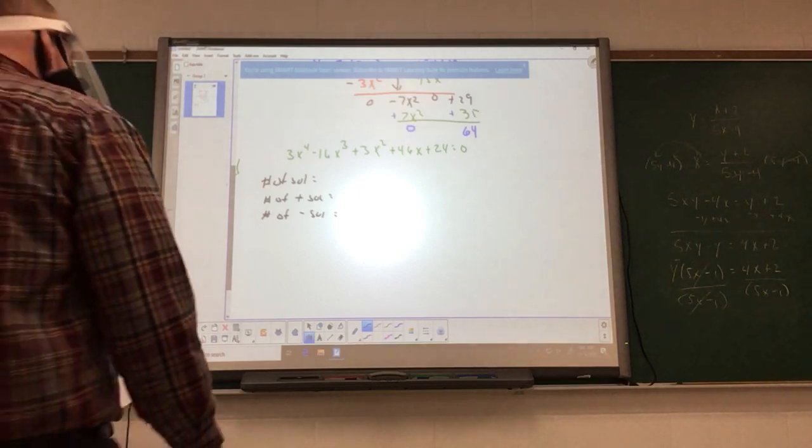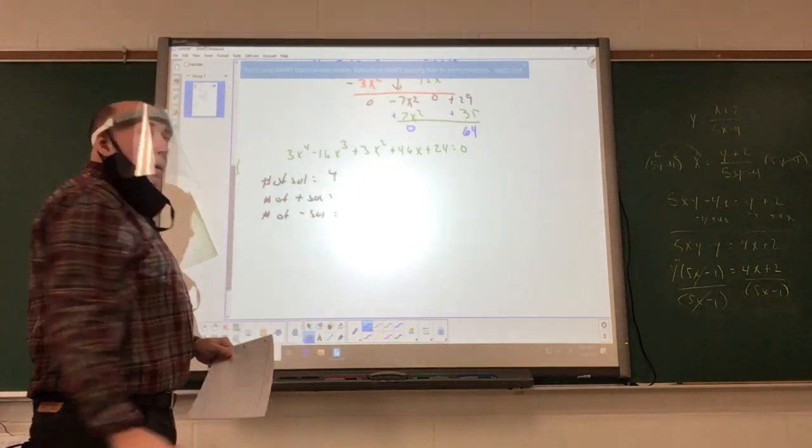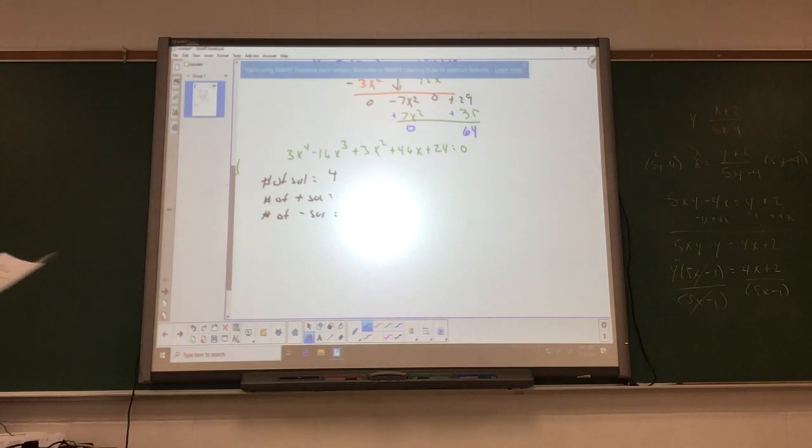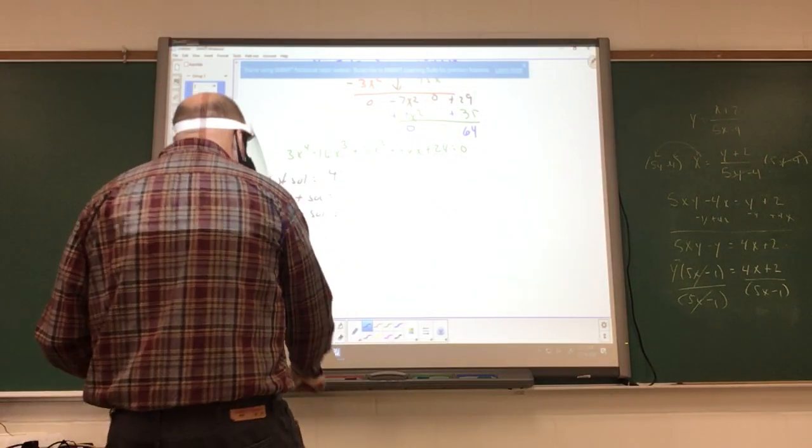Okay, the degree of our polynomial is 4. How many positive solutions? Well, let's check how many signs we change there. How many signs do we change? 2. We go from positive to negative to positive to positive to positive. So we have 2 sign changes.